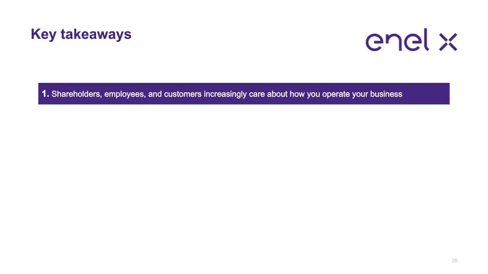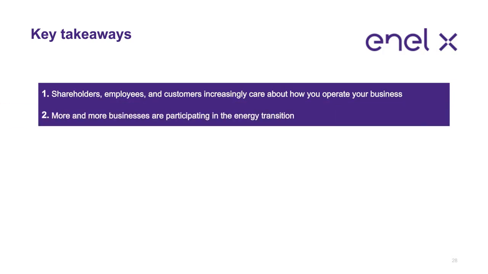So we've talked about a lot today, and I'll summarize what we've talked about into a few key takeaways. So first, shareholders, employees, customers, your competition increasingly care about how you operate your business. More and more businesses are participating in the energy transition. You probably already are, and if you're not, you soon will be.